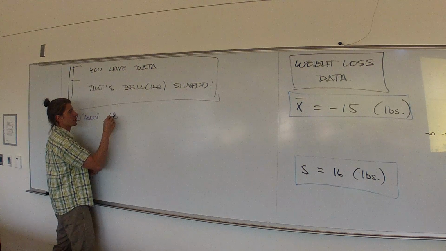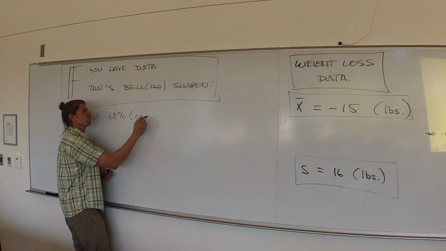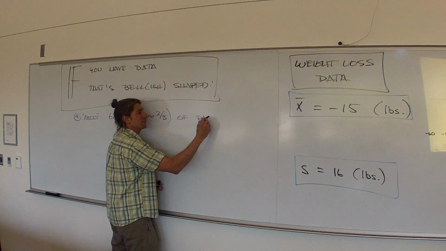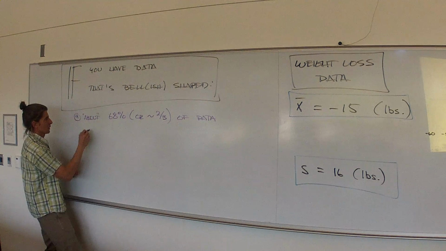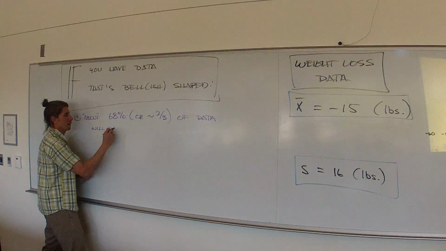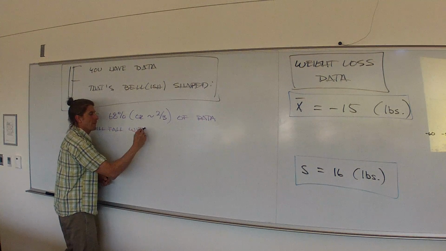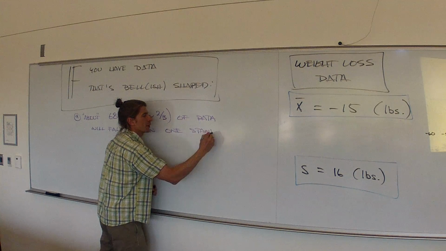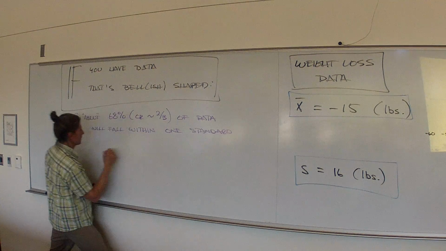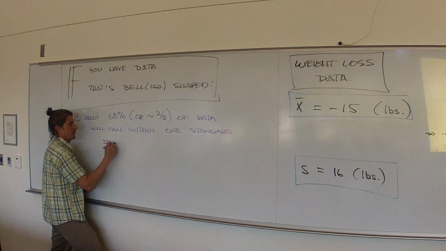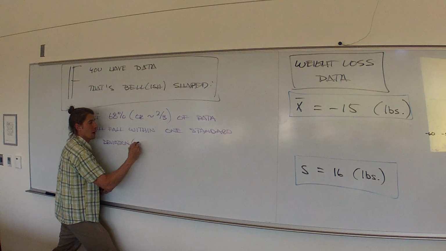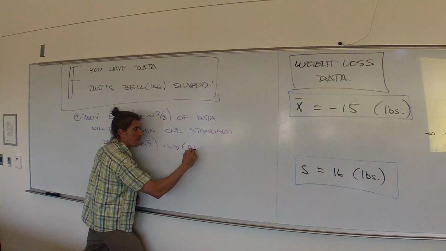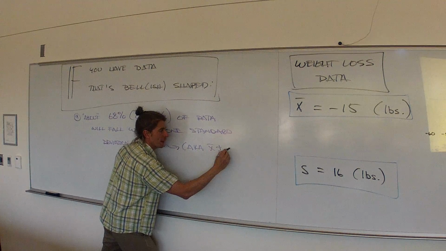About 68%, or roughly 2/3 of your data will fall within 1 standard deviation of the mean, also known as x bar plus or minus s.